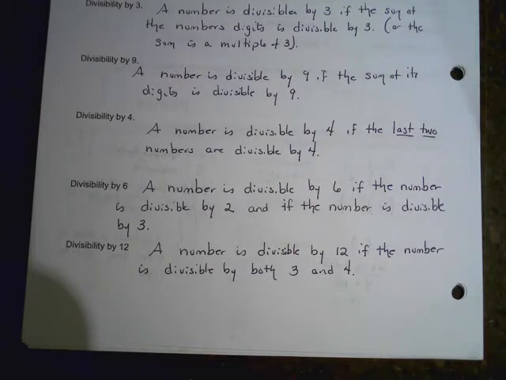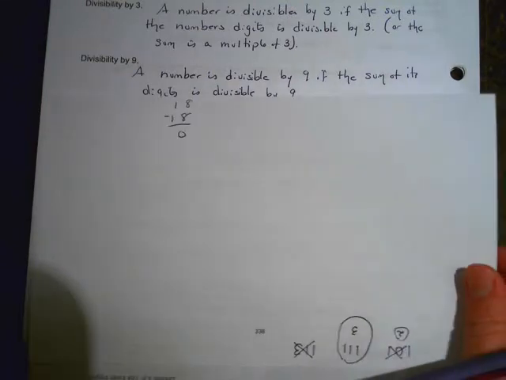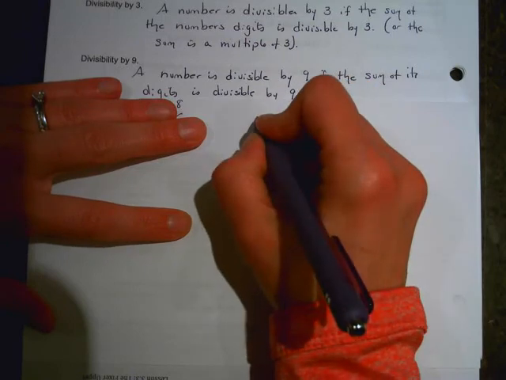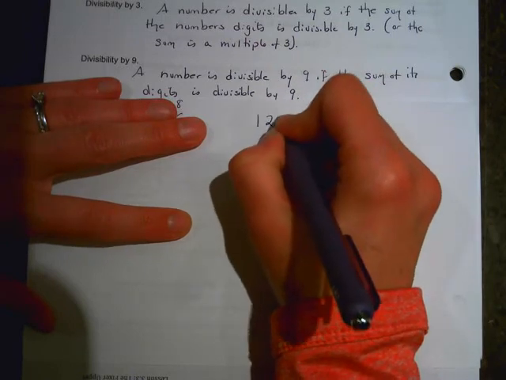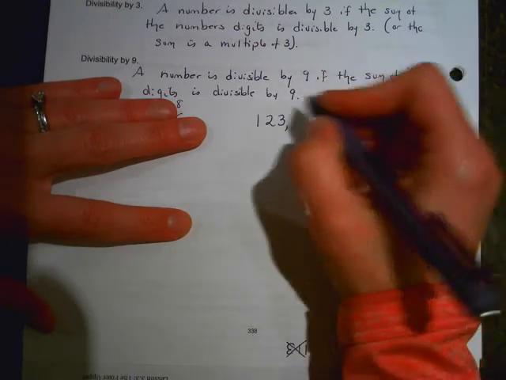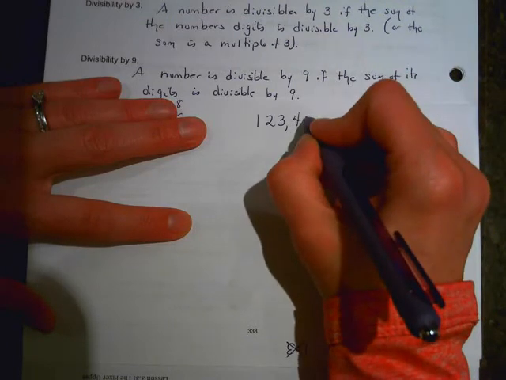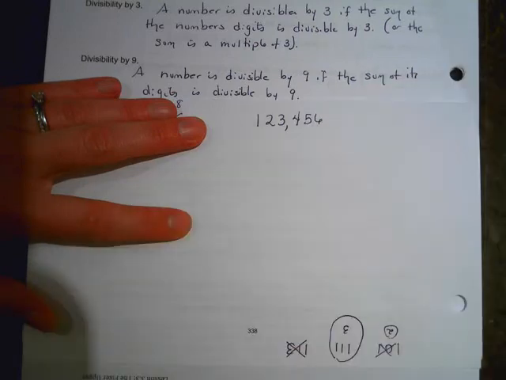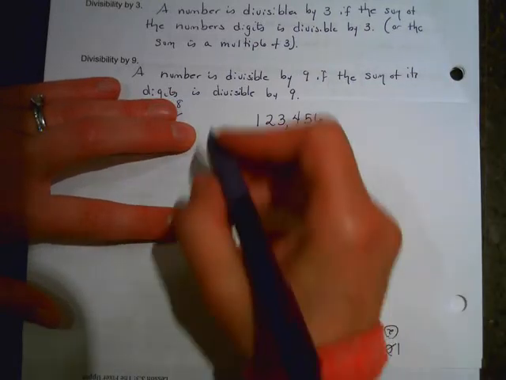Okay, so let's try this. You ready? So I'm going to write a number. Let's make it, how about 123,456. I just made that up.